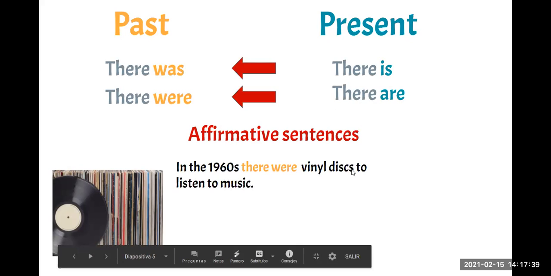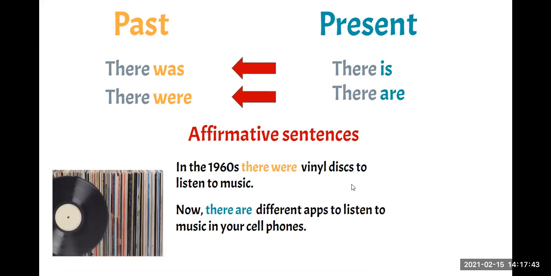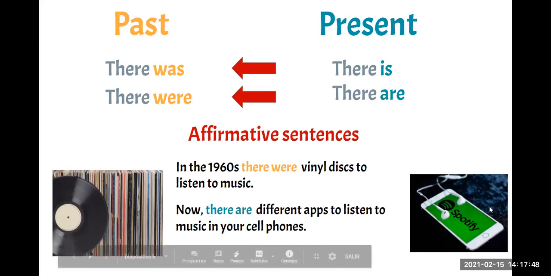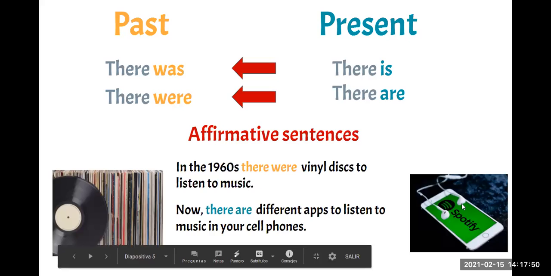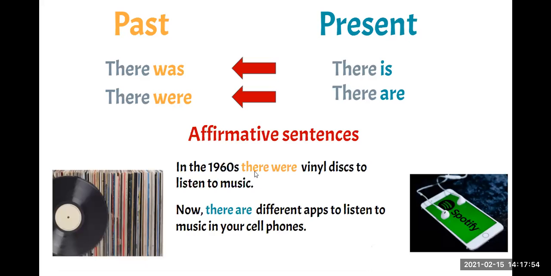So there were vinyl discs to listen to music. And now there are different apps to listen to music in your cell phone, right? So this is the affirmative sentence. There were for plural, right? Habían discos de vinilo.